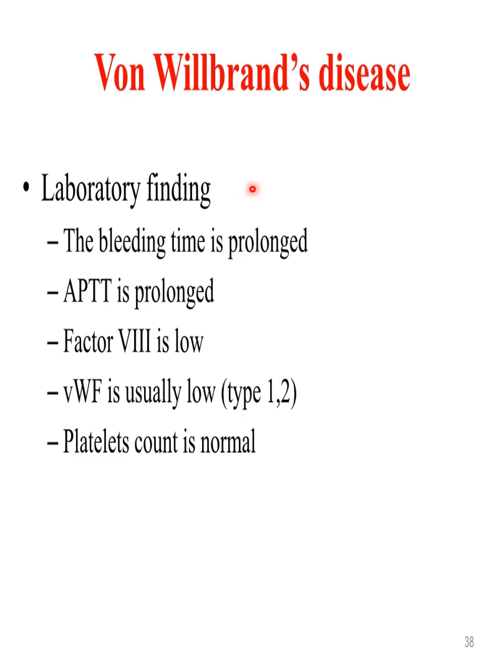So the lab findings in von Willebrand patients are that the bleeding time will be prolonged, partial thromboplastin time will be prolonged, factor VIII would be low, and the specific test for von Willebrand factor is going to be low, whereas the platelet count in type 1 and type 2 is normal, but in type 3 it can be low.